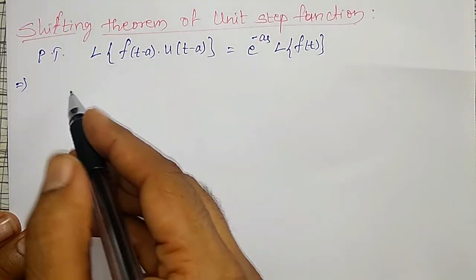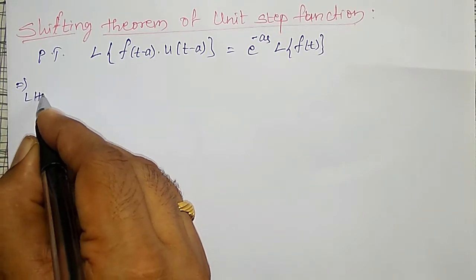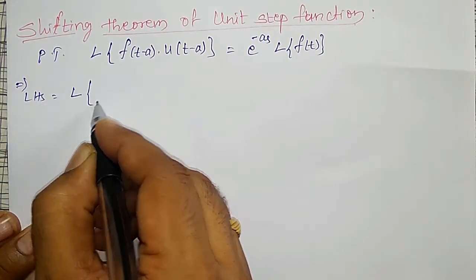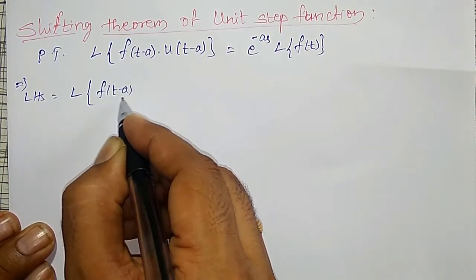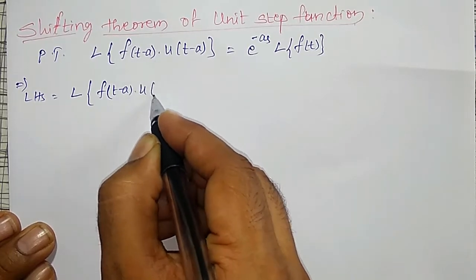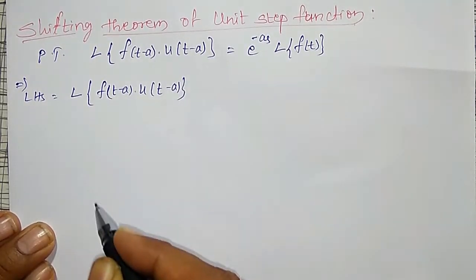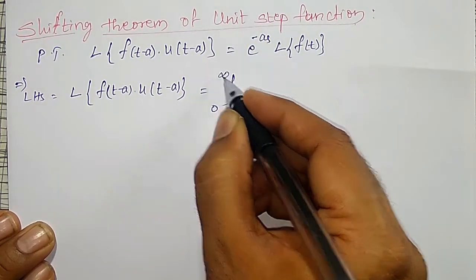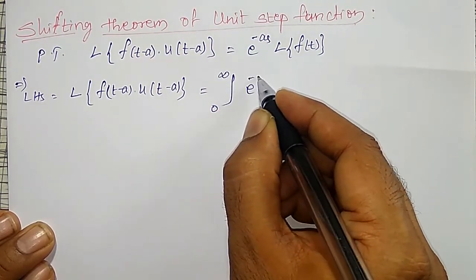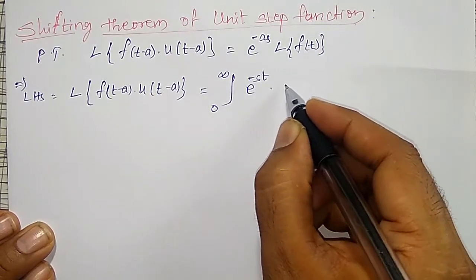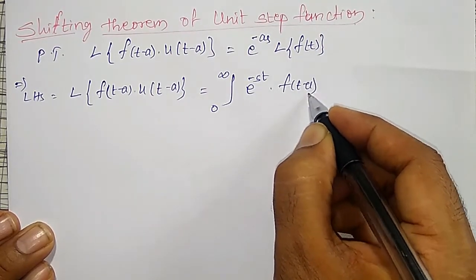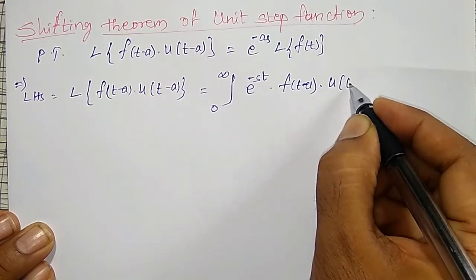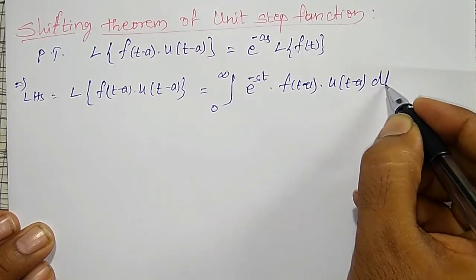Here, by the definition, I will consider the LHS, the Laplace transform of f of t minus a into u of t minus a. I can write it as the integration from 0 to infinity of e to the power minus st into f of t minus a into u of t minus a dt.